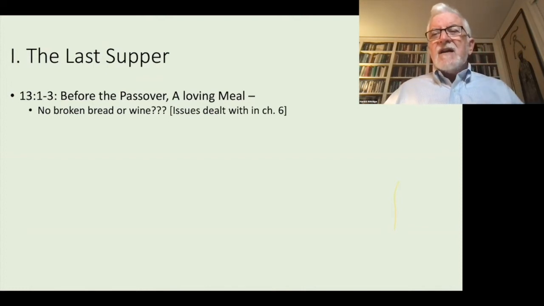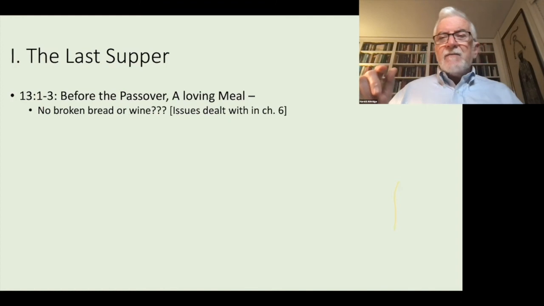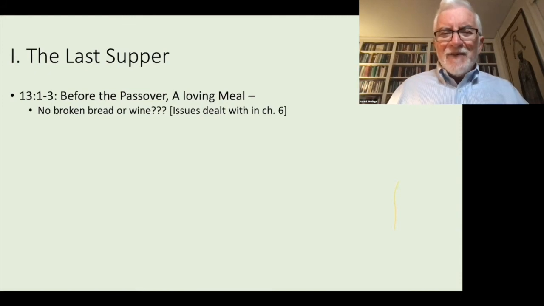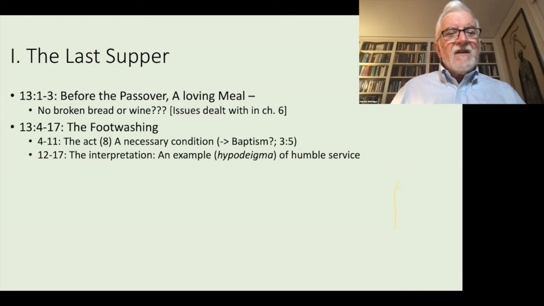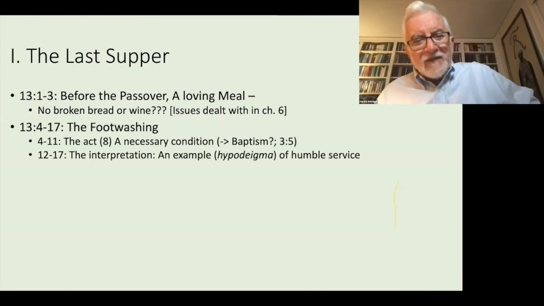And we talked when we did our analysis of that chapter about how those Eucharistic elements, if we can call them that, work there. And because they're working there, the evangelist doesn't have to worry about them here. He has other things that he wants to put on the table, namely the foot washing.